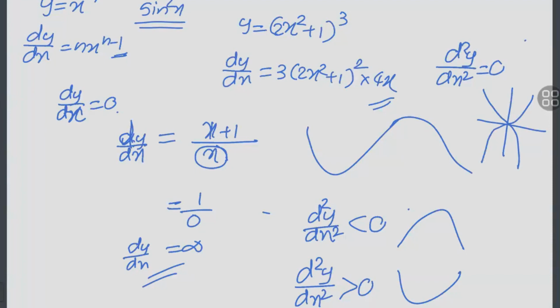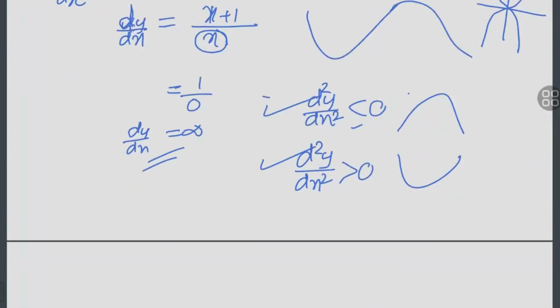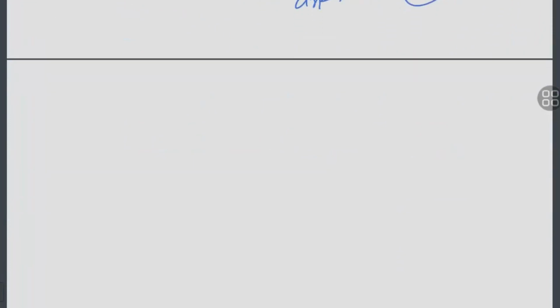This one also they can give you, not always these two. We use d2y over dx squared less than 0 and greater than 0 to find the nature of the stationary point, right? And also they will ask you chain rule, you should know, normal differentiation you should know. Don't mix up chain rule and this other one.